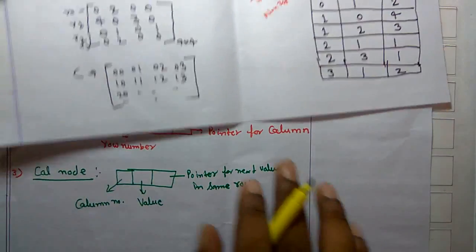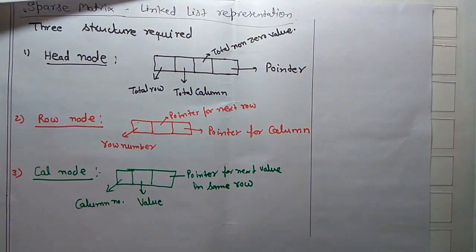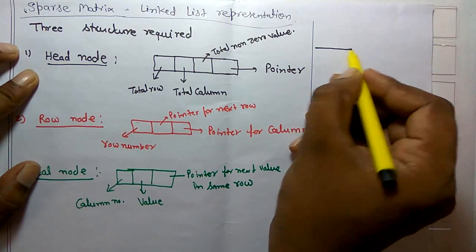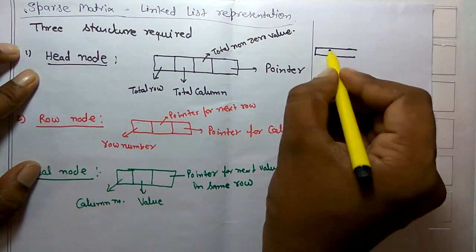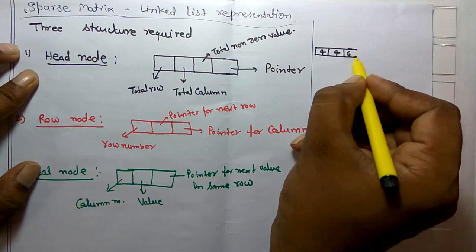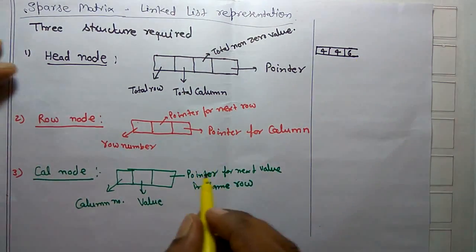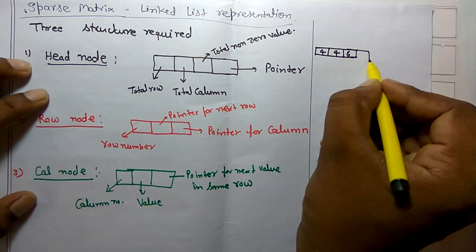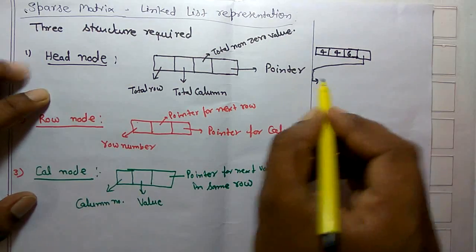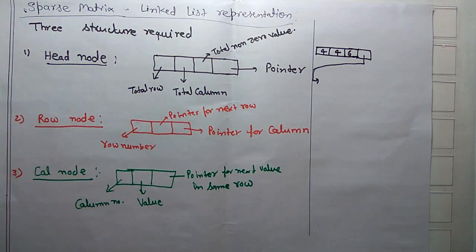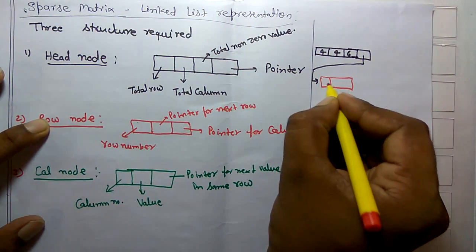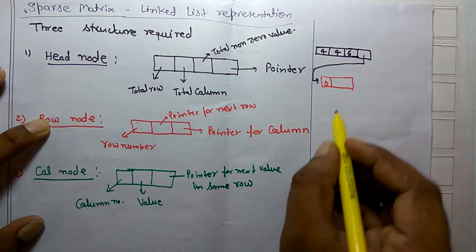So for the linked list representation of this matrix, first the head node. This head node contains 4 rows, 4 columns and 6 non-zero values. Next is a pointer that will point to the first row, which is R0.